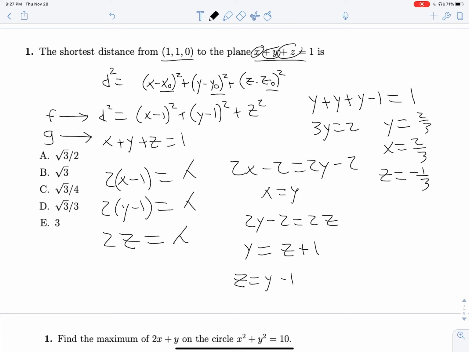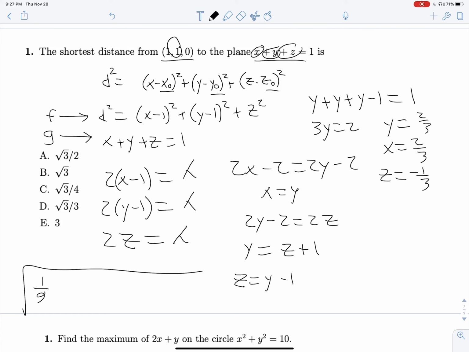Now all we have to do is figure out what our distance squared function is equal to, and then take the square root of that. So we're taking a big square root of (x − x₀)². So that's going to be (2/3 − 1)², so (−1/3)², so just 1/9. The same thing goes for y.